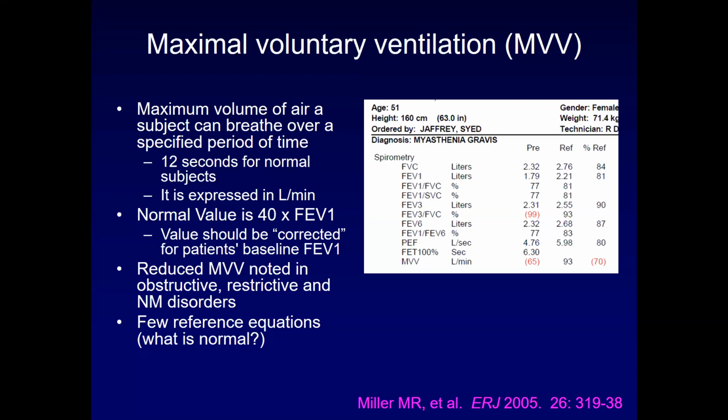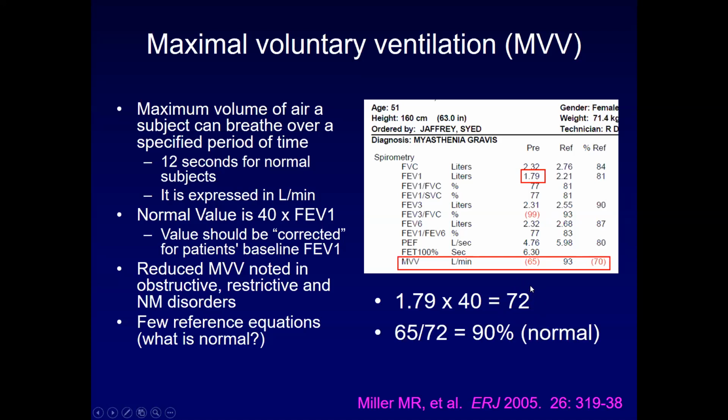So in this patient here, they have normal spirometry, but their MVV is labeled as low at 65, which is 70% predicted. But in this case, if I take their actual FEV1 of 1.79 and multiply it by 40, that gives me a predicted value of about 72, which gives you about 90% predicted, which is closer to normal.